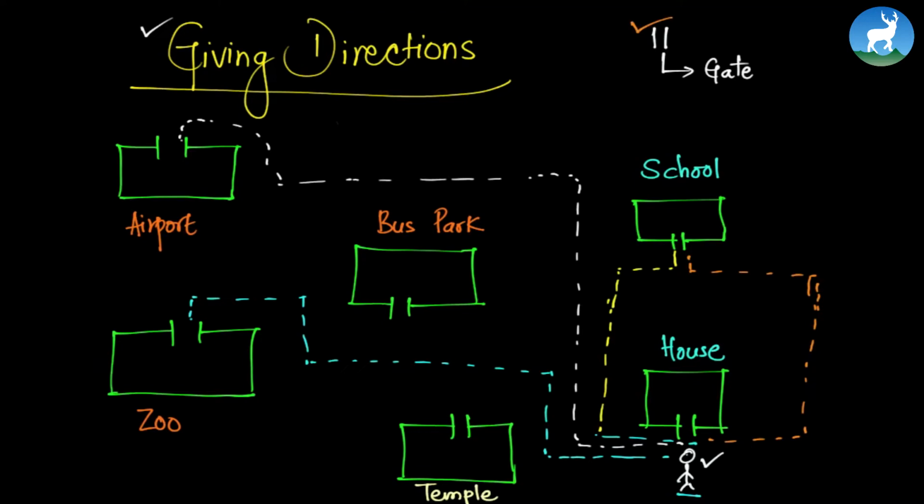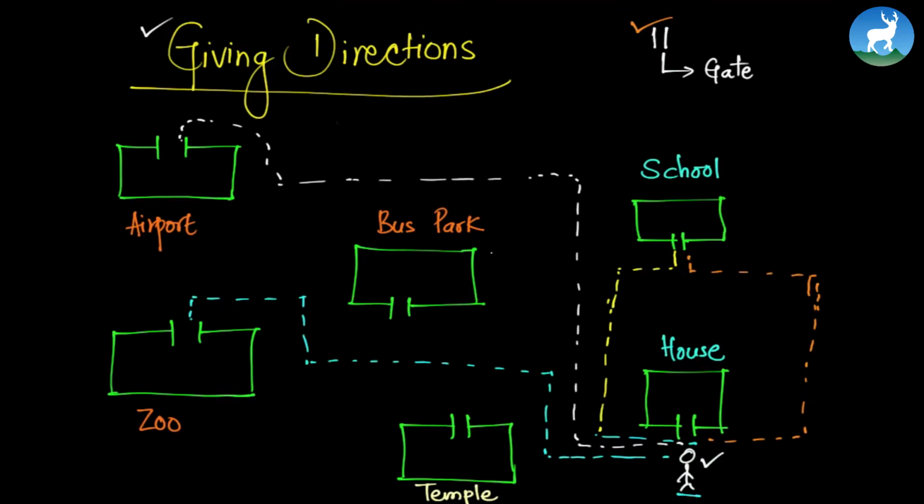From your house, you can walk on the left until you reach the junction. From the junction, you can walk up until you reach another junction, and from there you can take the first turning on your right. And if you keep walking for a while, you will find the school on your right, not on your left. So it is like this.